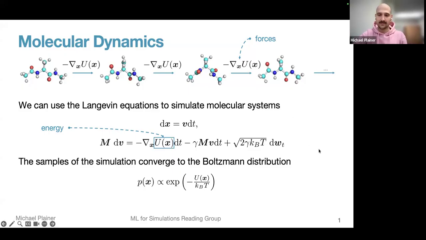If we let this MD simulation run until it has converged, the samples of the molecule will be distributed according to the Boltzmann distribution, and it is defined by the potential energy. Basically, it's just a negative exponential, plus, if we want to actually define a density, some normalization constant.